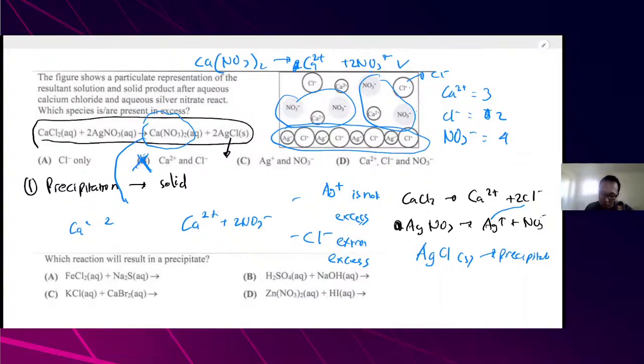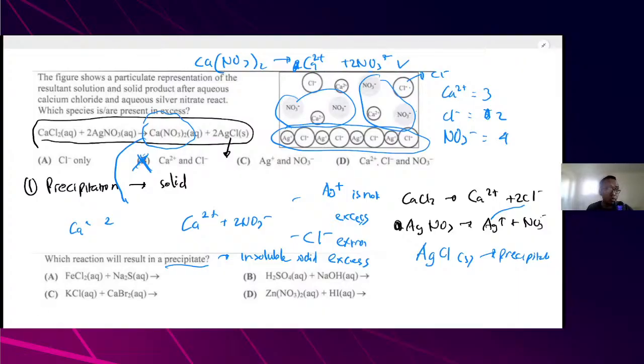Which reaction will result in precipitate? Let's test each one by one. So how to know this one? Precipitate means insoluble solid. Use solubility rules.